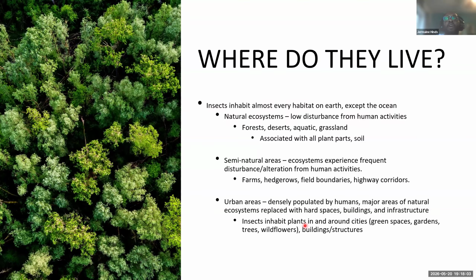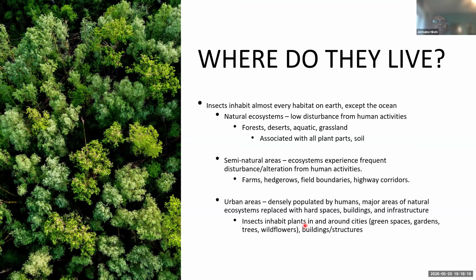They're associated with all plant parts: your leaves, stems, roots, fruit, flowers. Insects rely on all parts of the plant for their development.